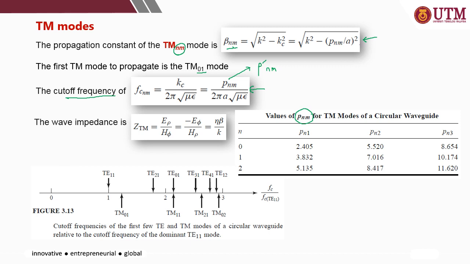The wave impedance for TM modes is given by Z_TM equal to the following equation. The figure down here shows the cutoff frequency of TE and TM modes relative to the cutoff frequency of the dominant TE11 mode.